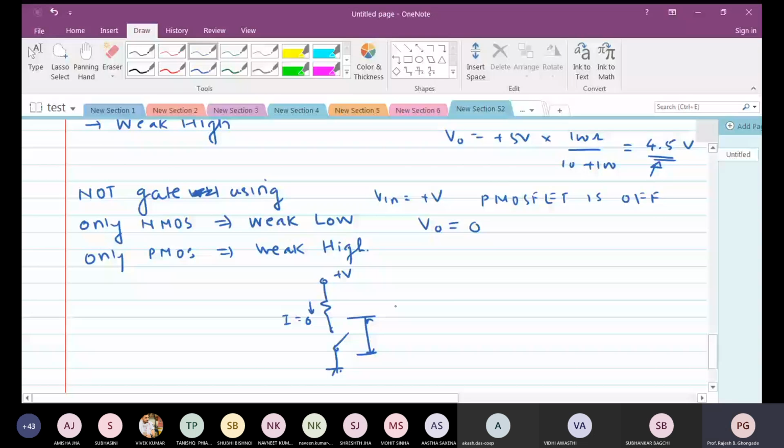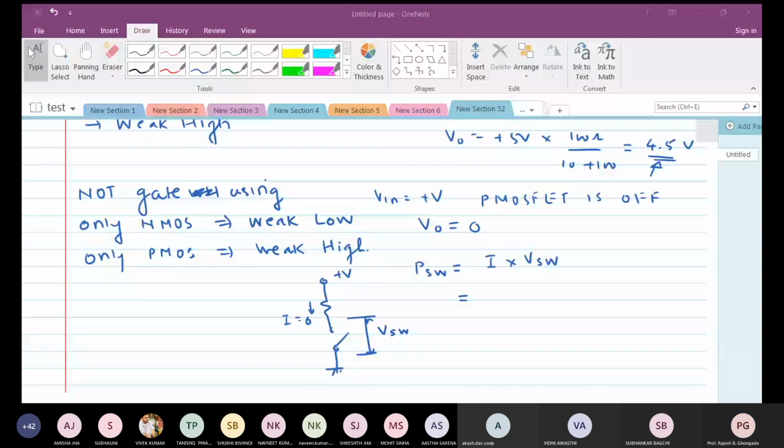If I call this VSW and the current flowing through it is I, the power dissipation across the switch will be I into VSW. What is going to be VSW? It is going to be plus V, correct?